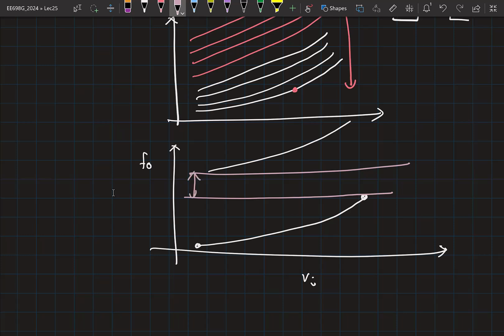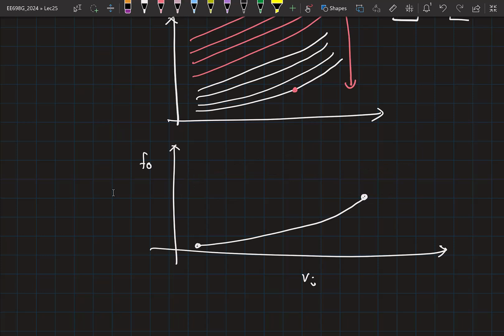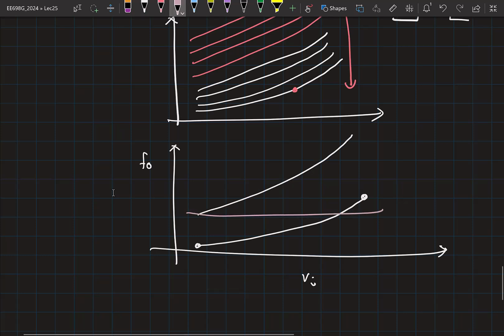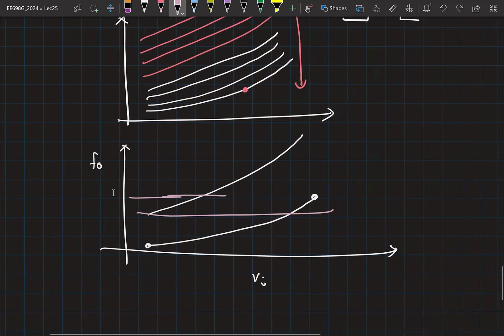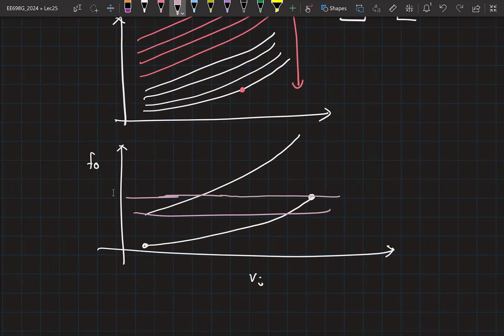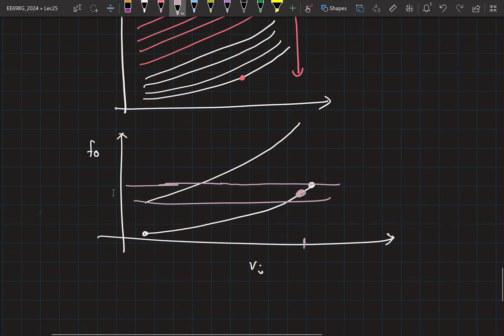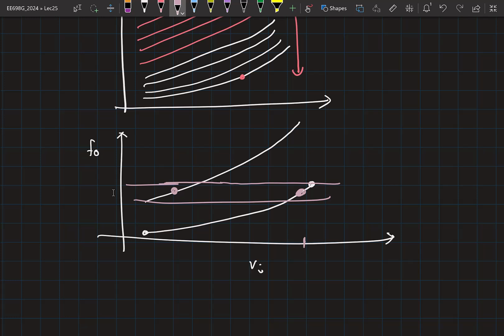This should not happen, right? So you will have to ensure that there is some overlap between both the curves. So now this region can be covered either by this curve for large values of VC or by this curve for small values of VC. So you have some redundancy built in.